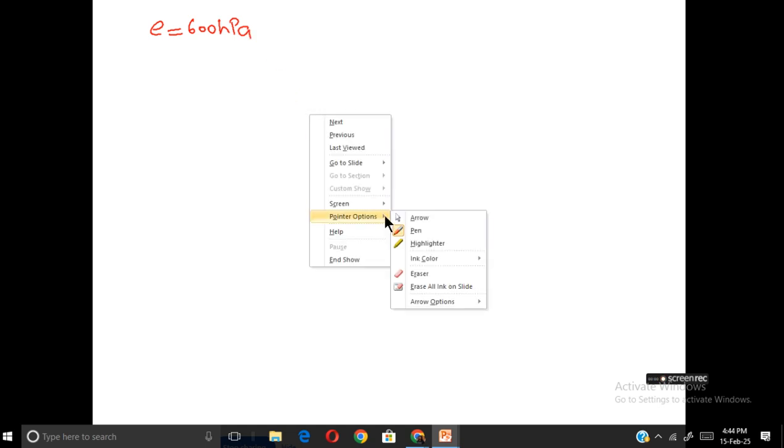So we know what E and P are. E is 6 hectopascal, and PD is 998 hectopascal.